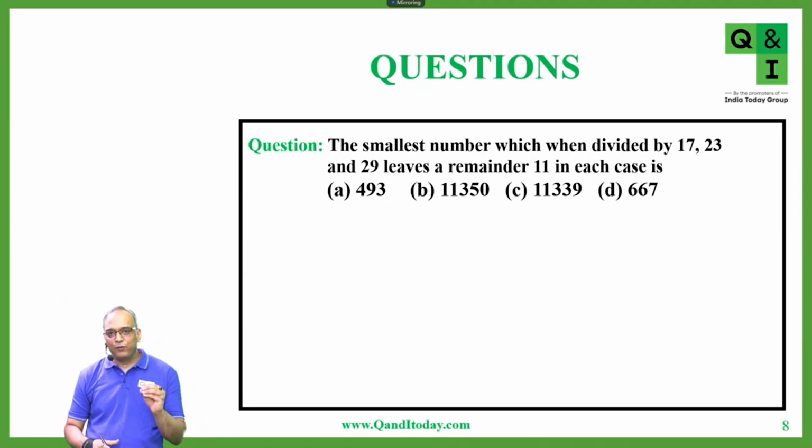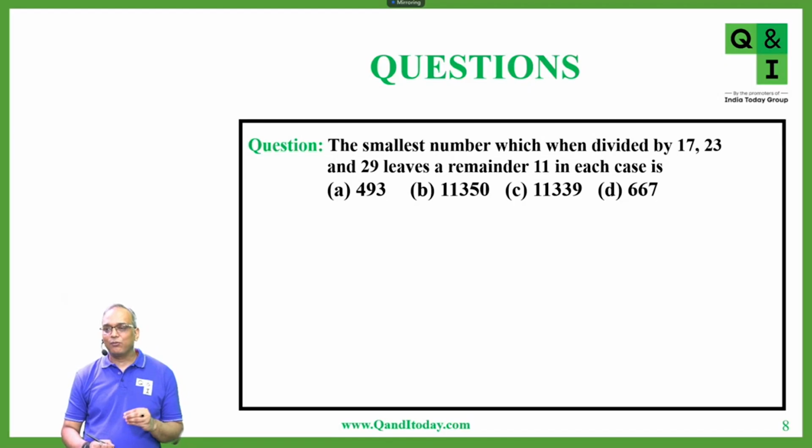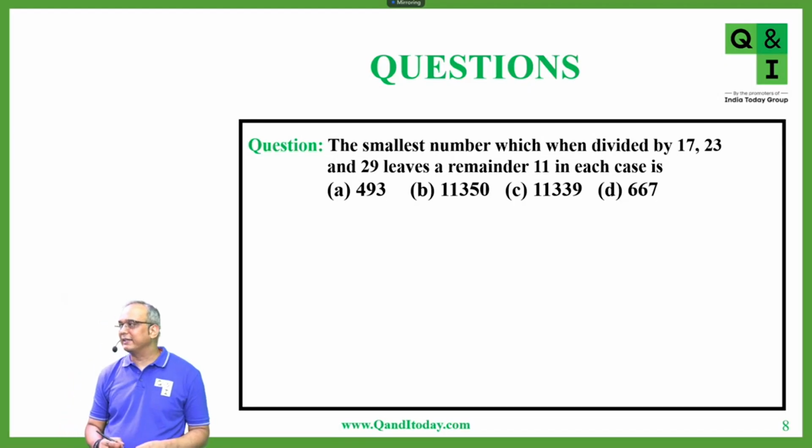First of all, before attempting this question, who is going to tell me how to solve it? I'll read the question for you. The smallest number which when divided by 17, 23 and 29 leaves a remainder 11 in each case. So what is that number? How to find it?